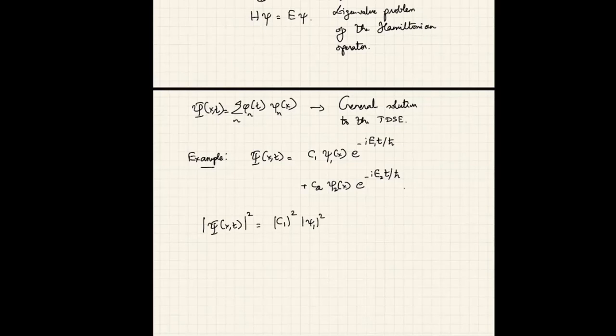So psi star psi, that goes away, plus C2 squared psi2 squared, plus an interference term, right? C1 C2 times psi1 star psi2, times e to the i(E1 minus E2)t over h bar. There is an interference term in the probability, okay?